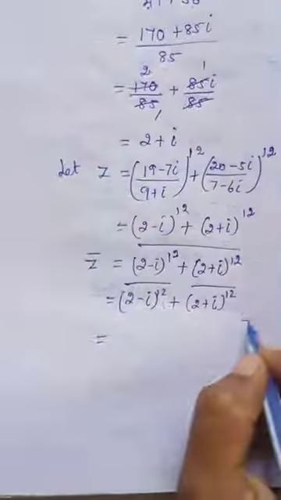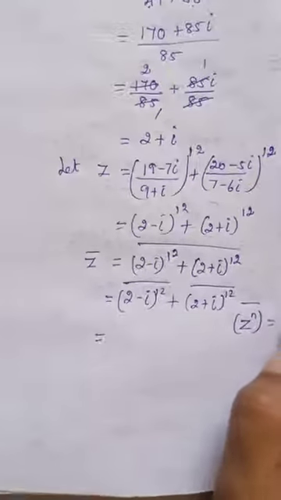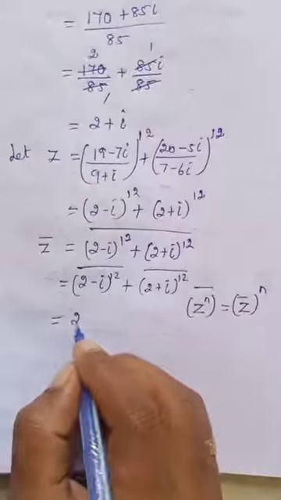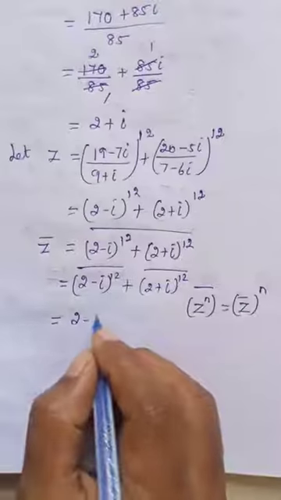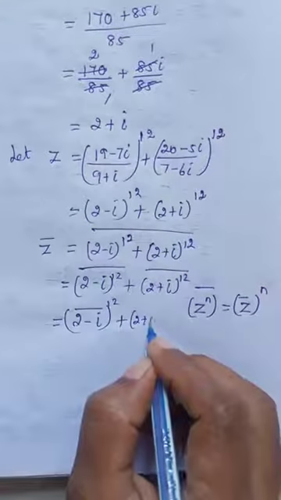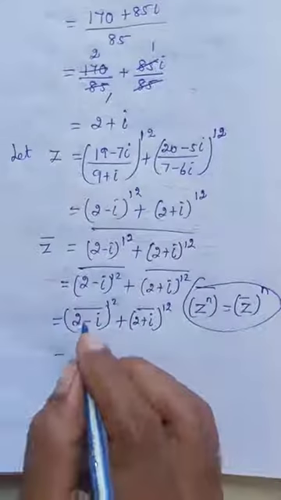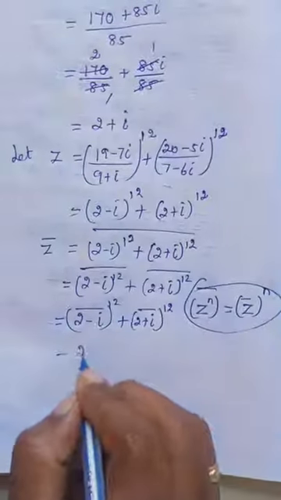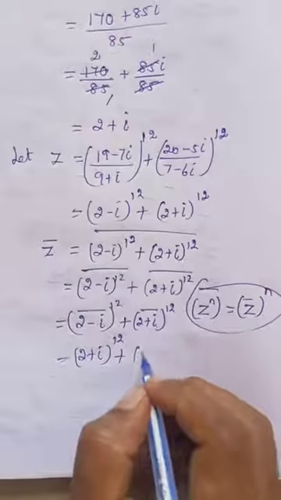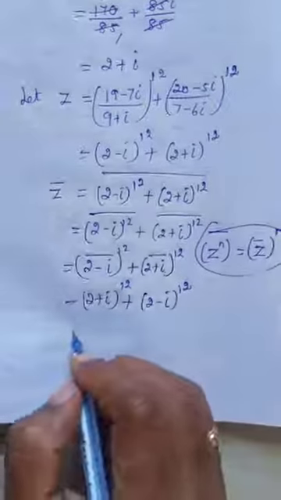Now as per the condition, Z power n the whole bar can be written as Z bar the whole power n. So we get 2 minus i bar the whole power 12 plus 2 plus i bar the whole power 12. The conjugate of 2 minus i is 2 plus i, the same way the conjugate of 2 plus i is 2 minus i, the whole power 12, with plus in between.